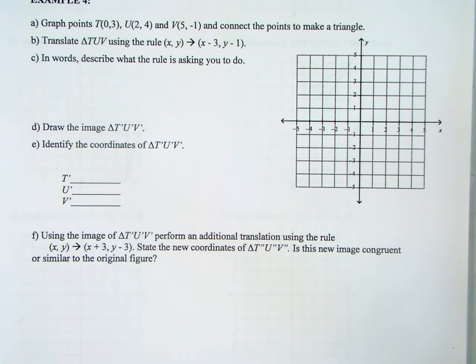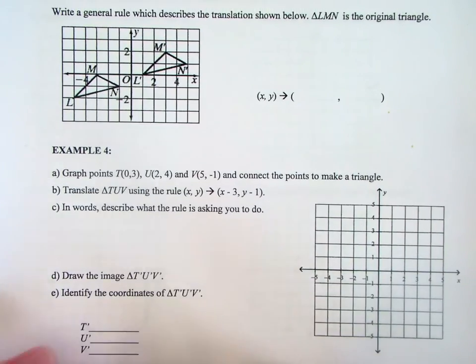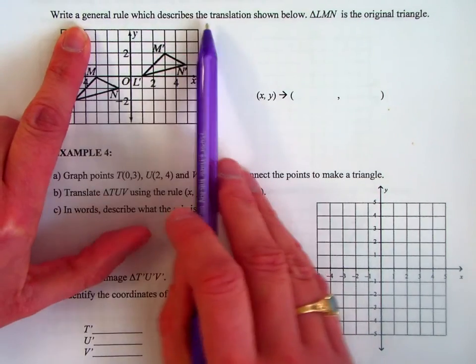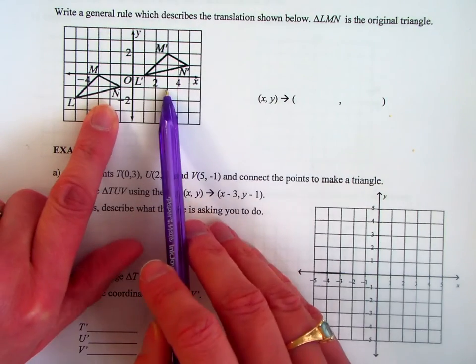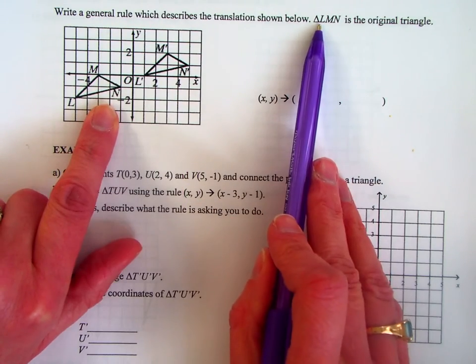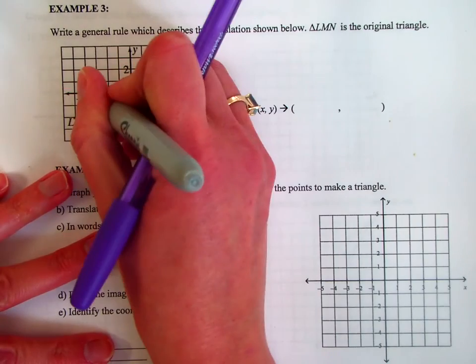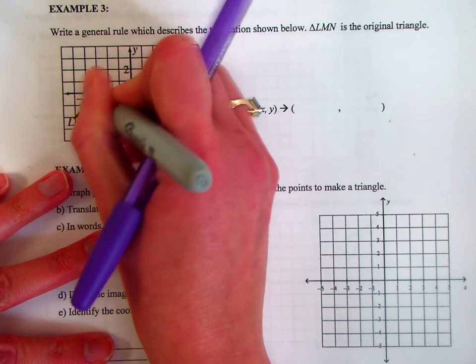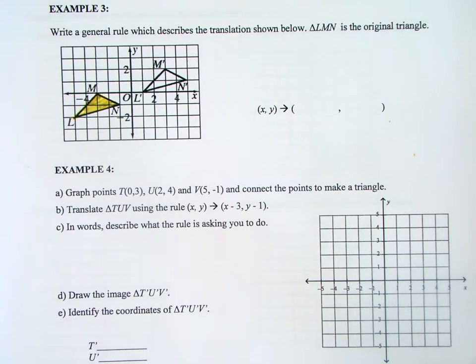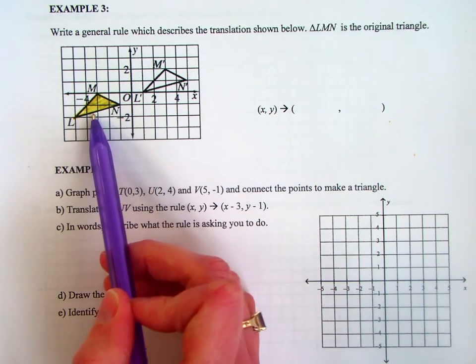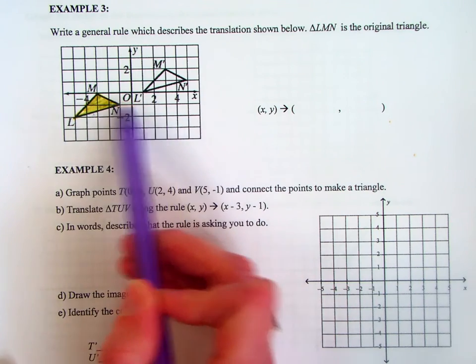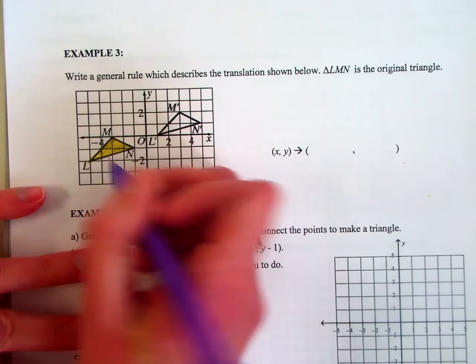Okay, one more example. Write a general rule to describe the one that's shown below. LMN is the original figure, so the one without the prime is our original figure here. And we're trying to see, what did we do to this to move it or translate it? So L, if I follow that path, I went from L to L prime.